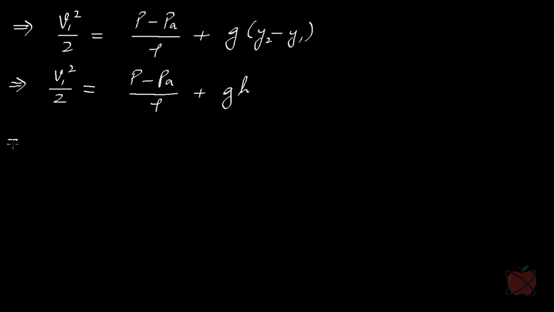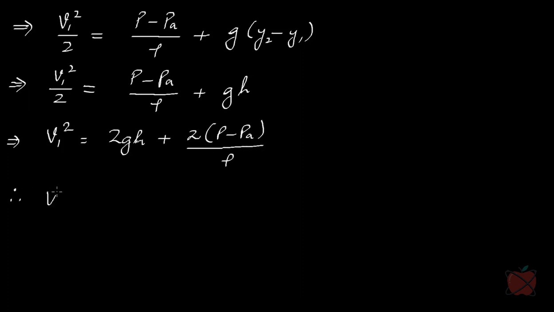Got it? So V1 square, this 2 will go up here. Let me write the gh in front. So you have 2 (P minus PA) by rho.